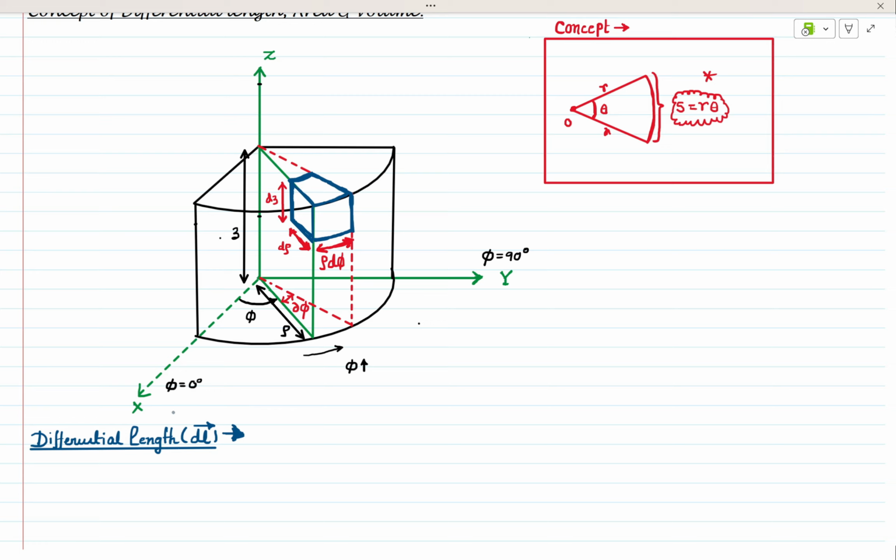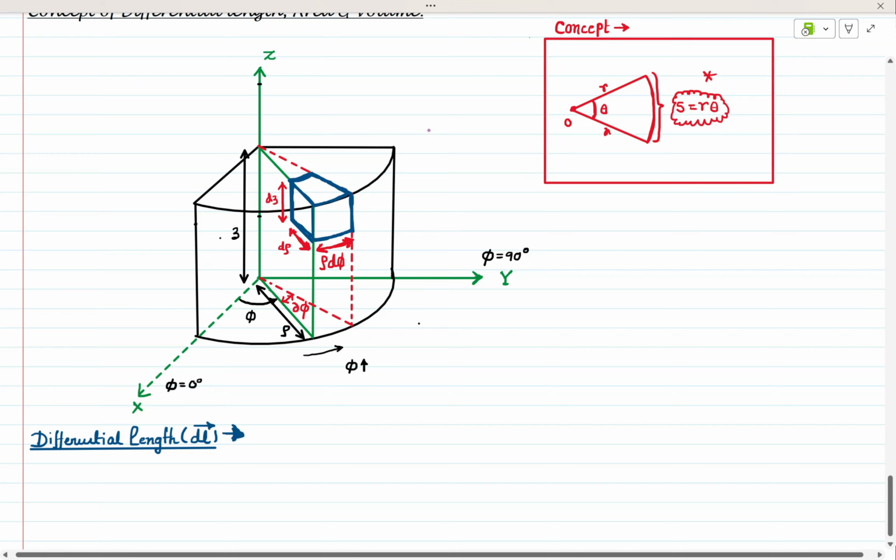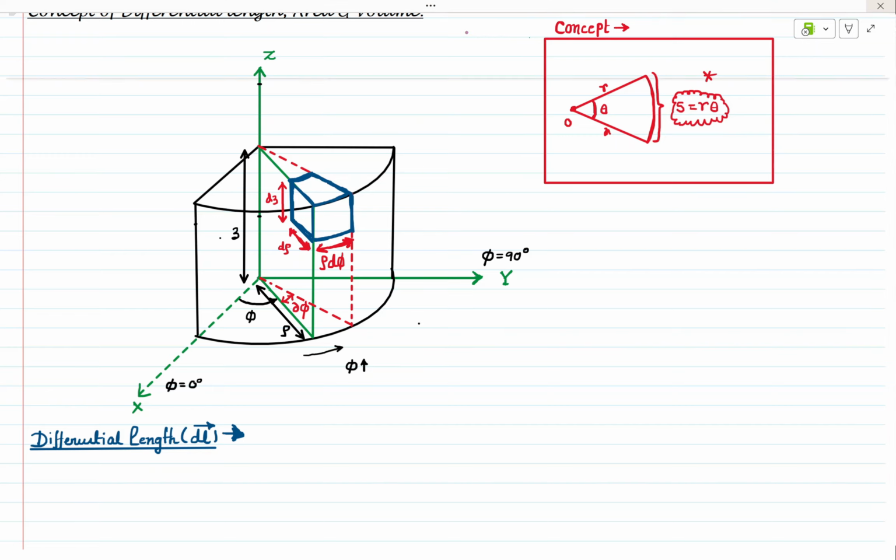Now look at this carefully. If I consider the differential length, I have to also consider the directions of rho, phi and z. So for that, let me put the directions first. What is the direction of rho, phi and z?